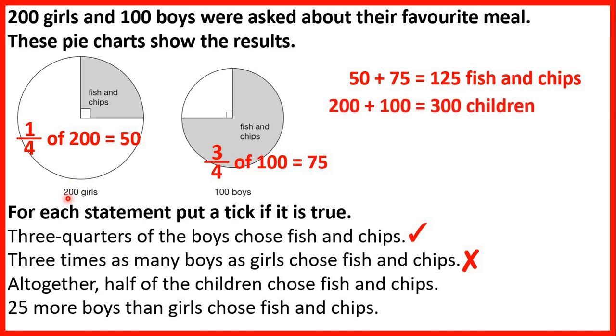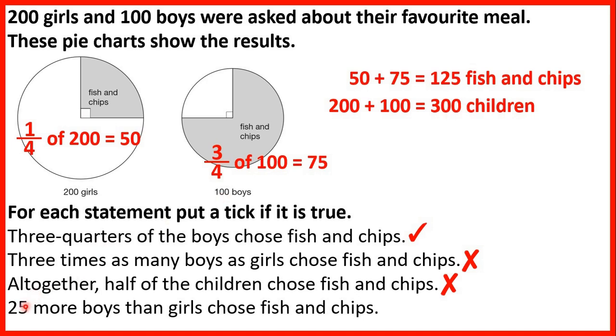There were 200 girls and 100 boys, so that means that there were 300 children altogether. Now 125 is not half of 300. If we write 125 over 300 as a fraction, we can't simplify that to 1/2, so this statement is false. Fewer than half of the children chose fish and chips, because 125 is less than half of 300.